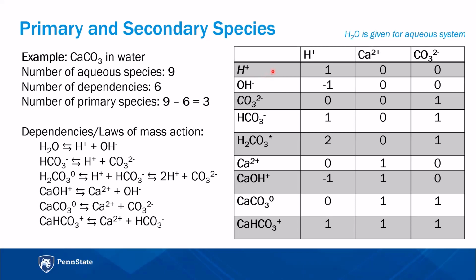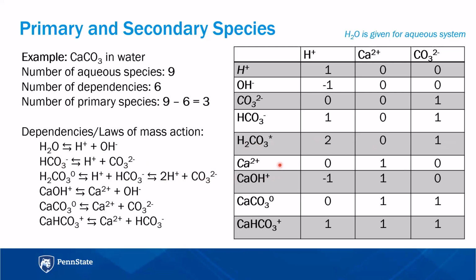So going through these one by one, hydrogen is one of our primary species and so is taken care of already. Hydroxide can be formed from water, or H2O, minus 1 hydrogen ion, as we get from this law of mass action here. Carbonate is, again, a primary species, and so that's covered. Bicarbonate can be formed from 1 hydrogen ion and 1 carbonate ion, shown here in this law of mass action. The carbonic acid can be formed from 2 hydrogen ions and 1 carbonate ion, as shown in this law of mass action.